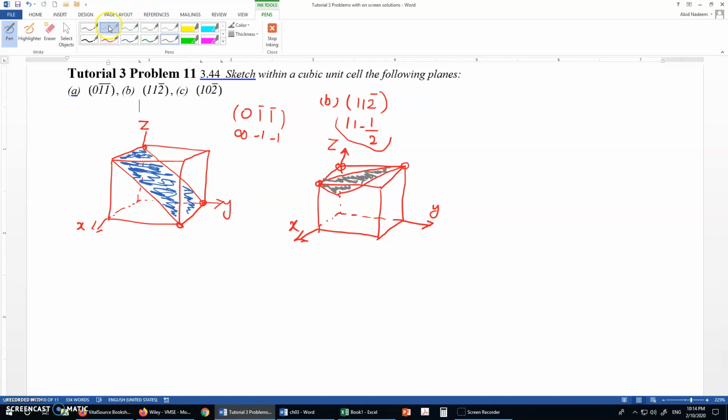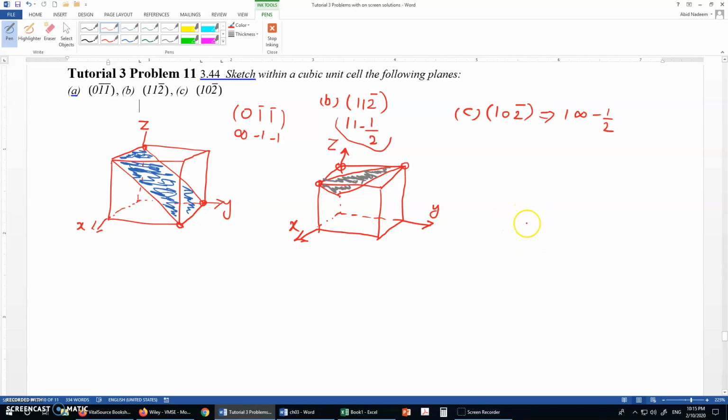Okay, C is 1 0 2 bar. Okay, so change it to 1, infinity, minus 1 by 2.